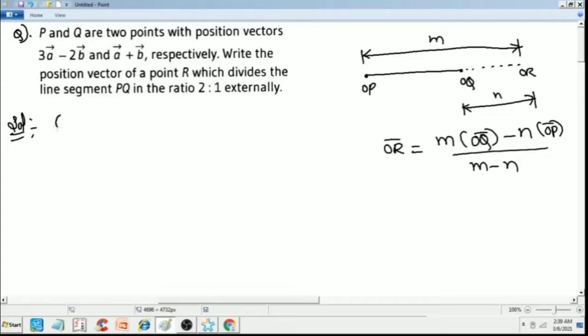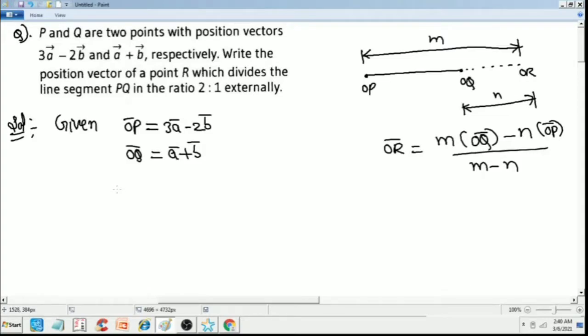So here given OP is equal to 3a bar minus 2b bar, OQ is equal to a bar plus b bar.